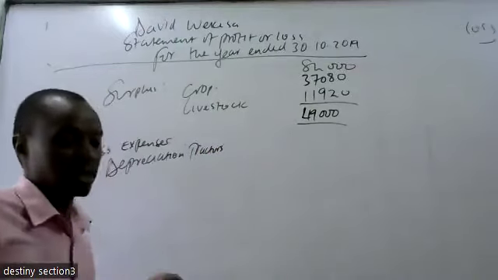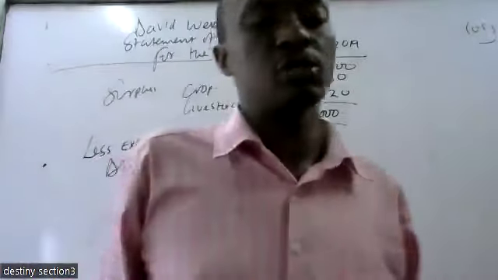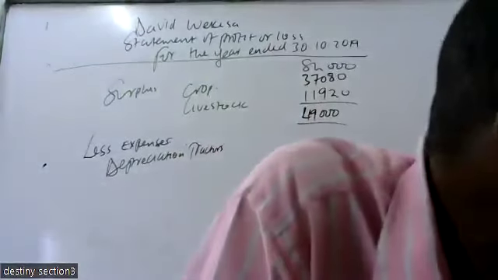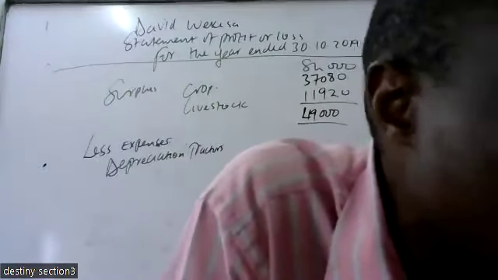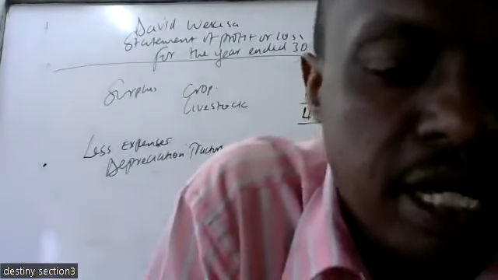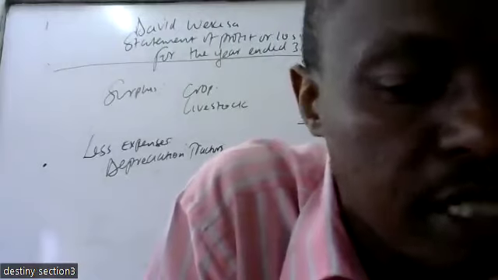The rate is 25. Work out the depreciation on tractors and give me the figure. You have been given the rate, you have the book value up there, just multiply the rate with the book value provided up there.